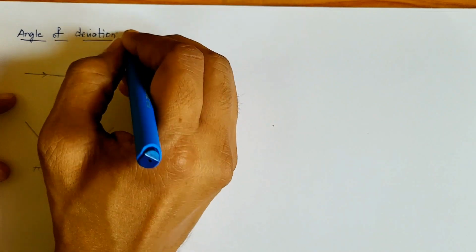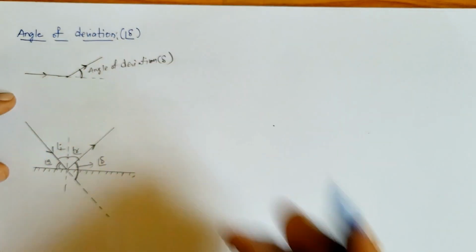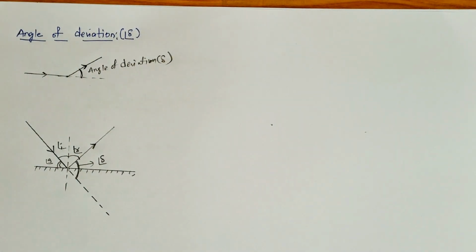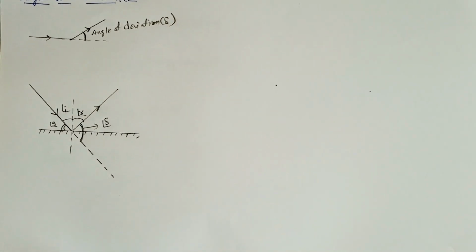This angle of deviation is represented by the symbol lambda. Now, how to define this angle of deviation? The definition of angle of deviation goes like this.